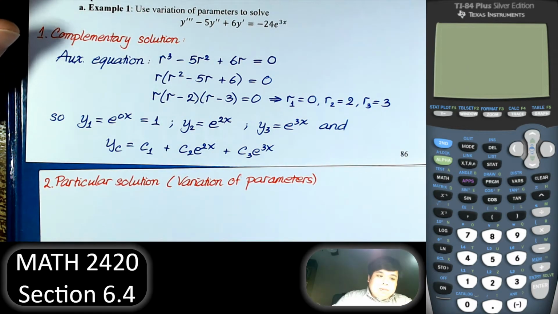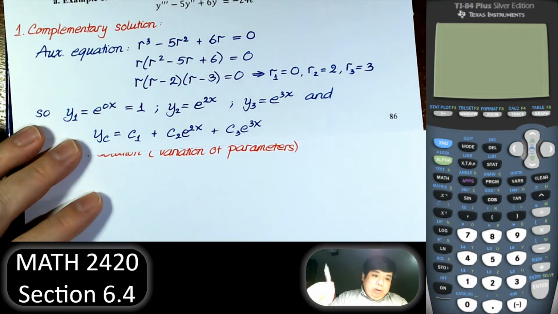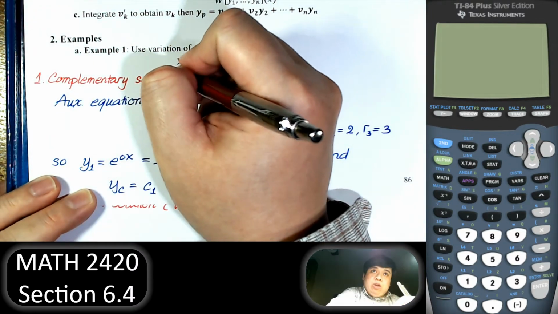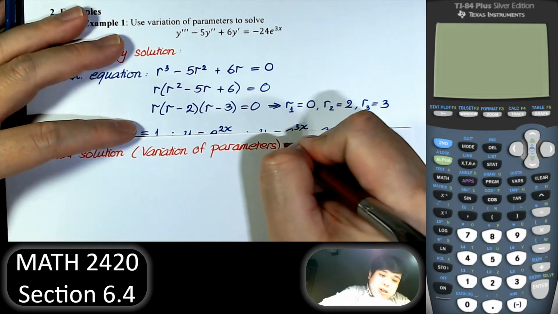By the way, once again, the leading coefficient is 1, which is good. That's important. For variation of parameters, there are 3.